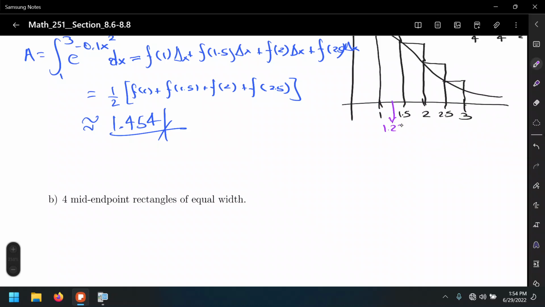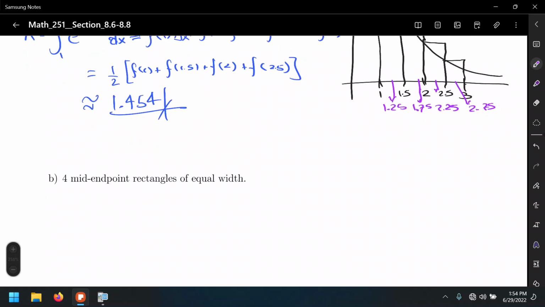That would be 1.25. This would be 1.75. This would be 2.25. And last but not least, 2.75. So we're going to repeat the calculation with midpoints this time, we're just going to change these values.